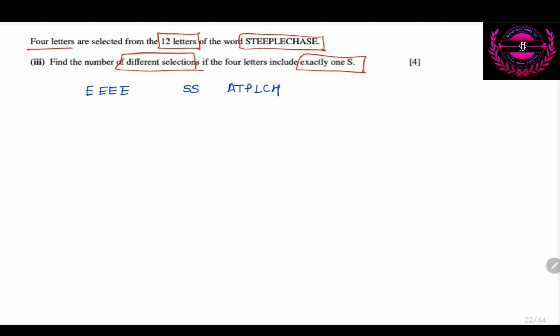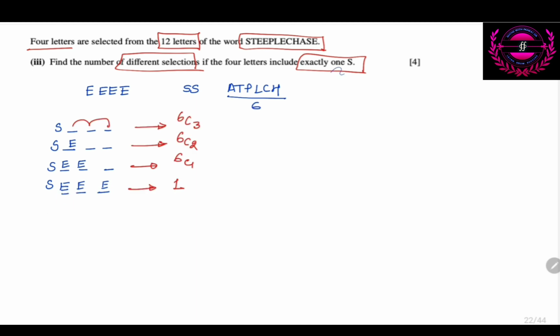So, there is one S, and it can be 1 S with 0 E's, or 1 S with 1 E, 1 S with 2 E's, and 1 S with 3 E's.